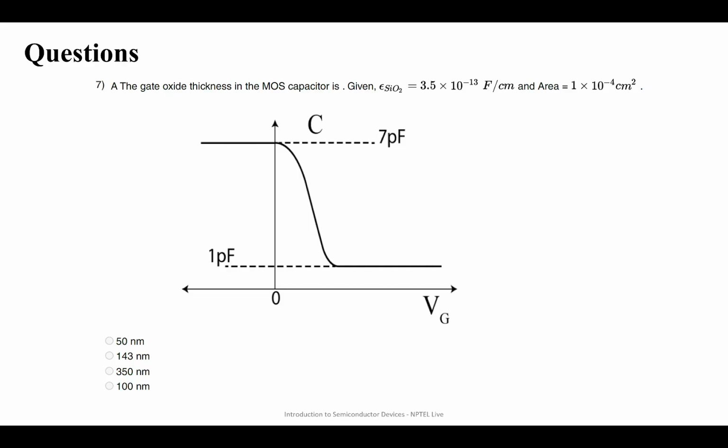Next question. The gate oxide thickness in the MOS capacitor is dash. Given is epsilon SiO2 is 3.5 into 10 per minus 13 farad per centimeter and area equals 1 into 10 to the minus 4 centimeter square.